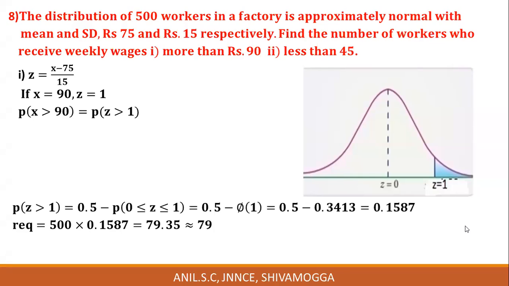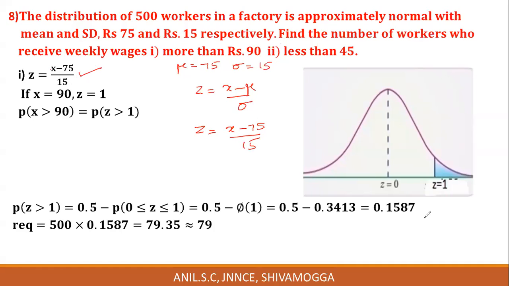Mu is equal to 75 and sigma is equal to 15. Therefore, standard normal variate Z is equal to (x minus mu) divided by sigma, that is, (x minus 75) divided by 15.